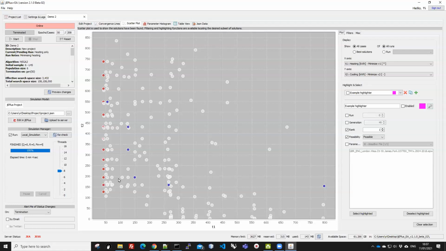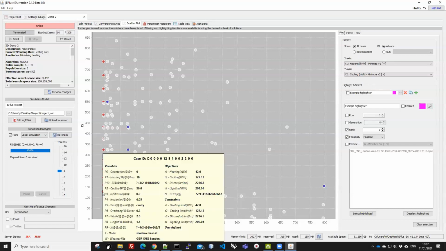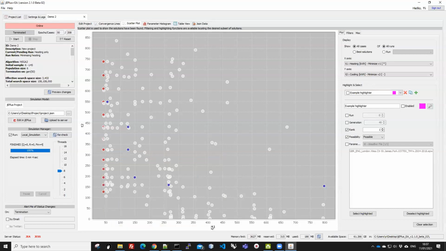The highest one. So you want this point, right? Because at the same time as the lowest heating, it gives you the lowest cooling as well. Yep. Well, okay, this statement is not very precise.